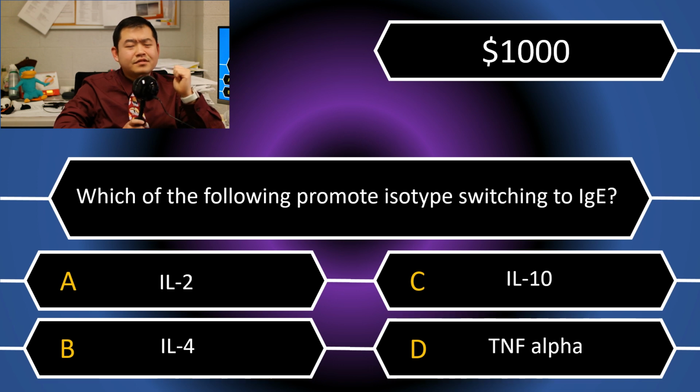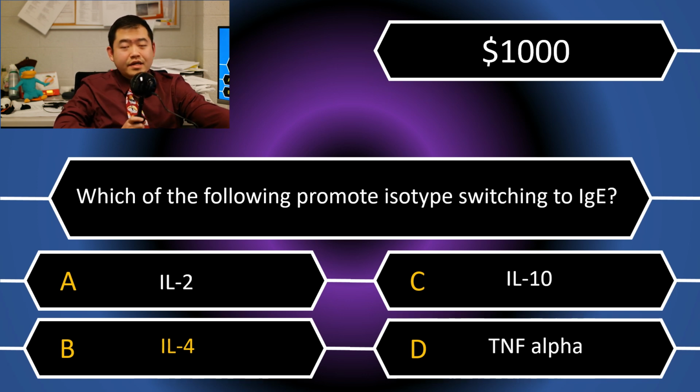Do you have an answer yet? If you've been paying attention for the past 33 minutes or so, you should know the answer. The final answer is IL-4. You got it. Those of you who didn't get it, sorry, but it's not meant to be tricky. These questions are basically just a quick recap of what we just went through for the past 30 minutes.